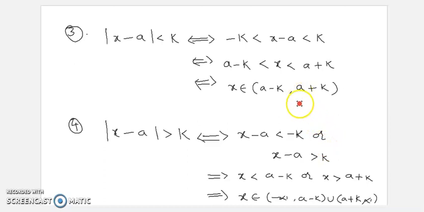From the third and fourth formulas, we directly write the formula as the last step. So the fourth formula, mod x minus a greater than k, can be written as x belongs to the open interval minus infinity comma a minus k union the open interval a plus k comma infinity.